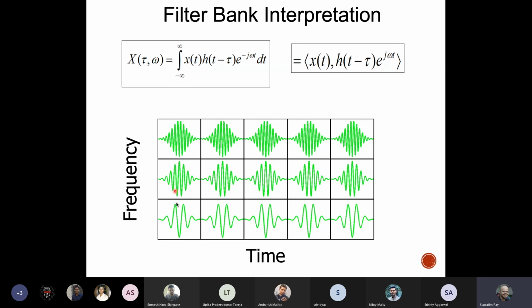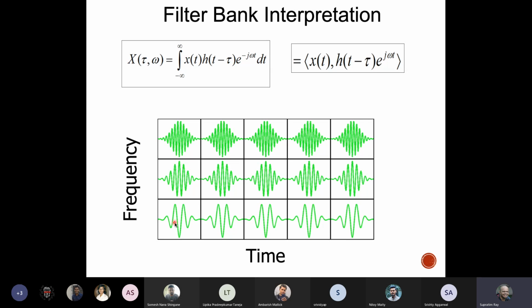As you go up, you will see one set of tiles. And then when you move the window, you'll get another set of tiles. So even the Fourier transform that way is just a filter bank. It's just a complex sinusoid that is your filter. You can think of it as multiplied by a rect function. So even the Fourier transform has a filter bank interpretation that way.